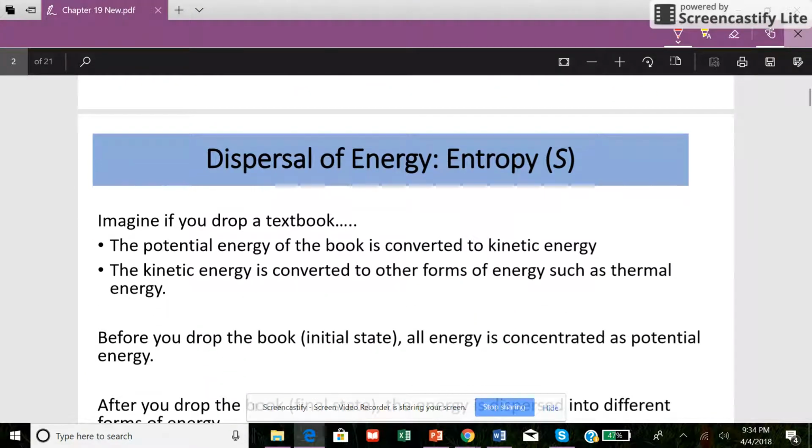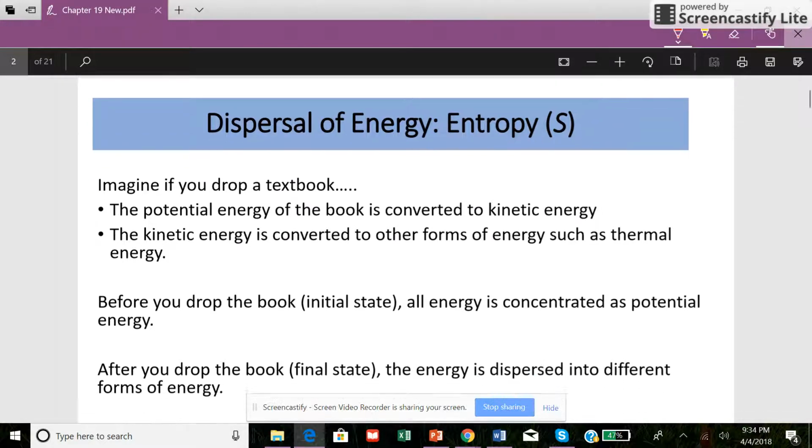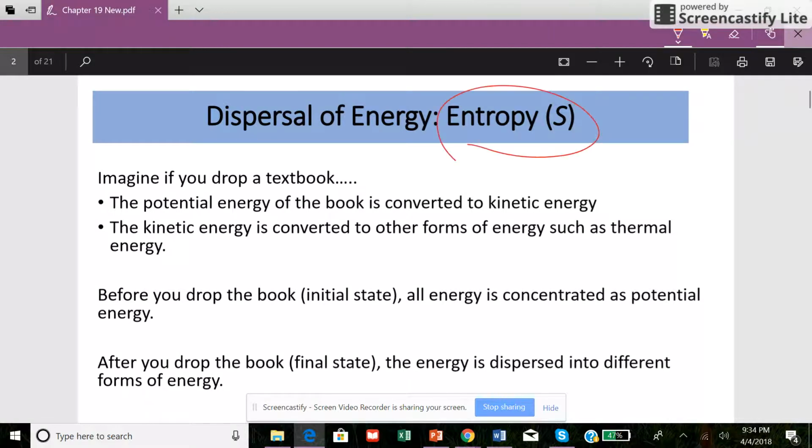Now we have to look into other functions that will help us determine whether a reaction is going to be spontaneous or not. One of them is called entropy. In order to understand entropy, you have to understand the dispersion of energy. A good example is if you have a textbook and you're holding on to the textbook.